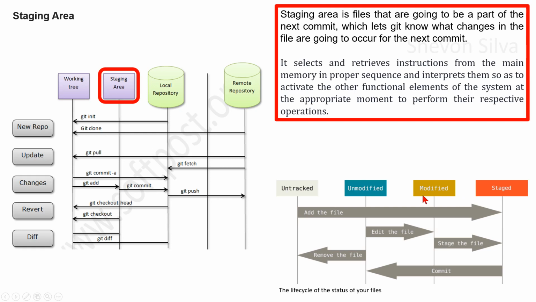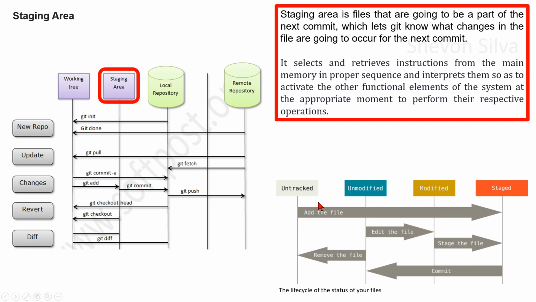They can be unmodified, modified, or staged. In short, tracked files are files that Git knows about. Untracked files are everything else, any files in your working directory that were not in your last snapshot and are not in your staging area.